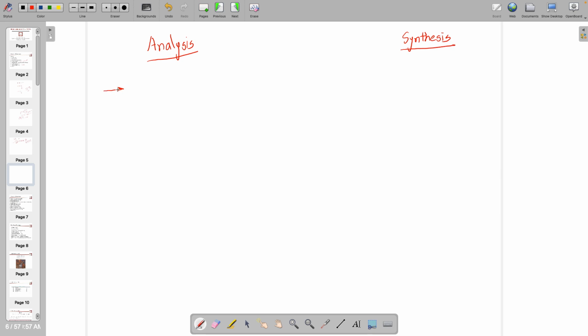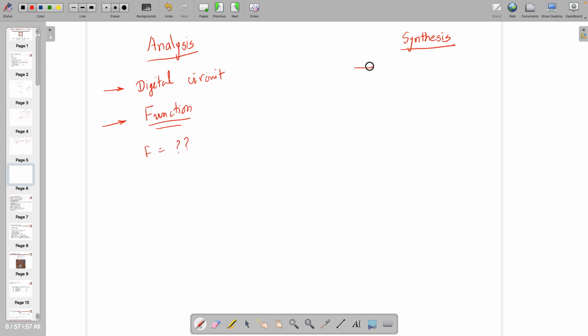What is analysis? Analysis means a digital circuit is given to you and you have to analyze it, and using that you have to find out the final function using Boolean algebra or whatever way you want. So that is analysis.